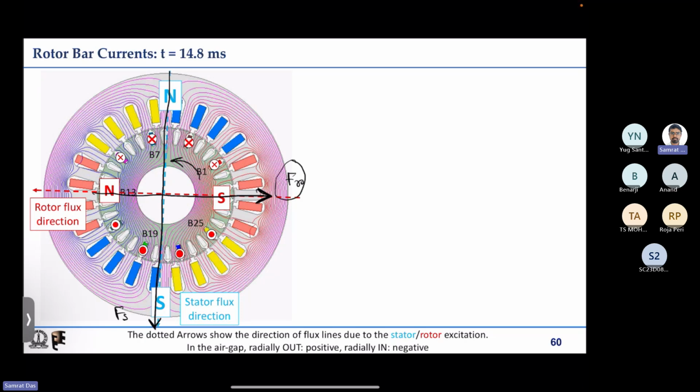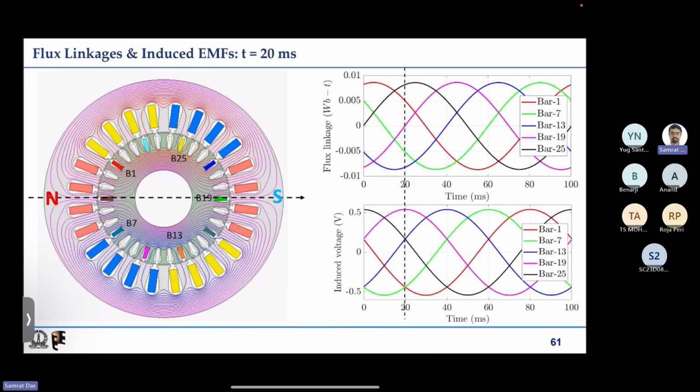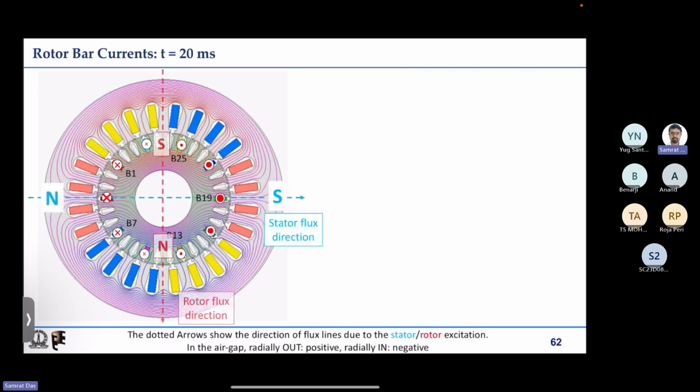Now you can see that fr is actually leading fs. So that is what is telling you that energy transfer now happens from the rotor to the stator. That means generating action. Now we looked at it at different instances.